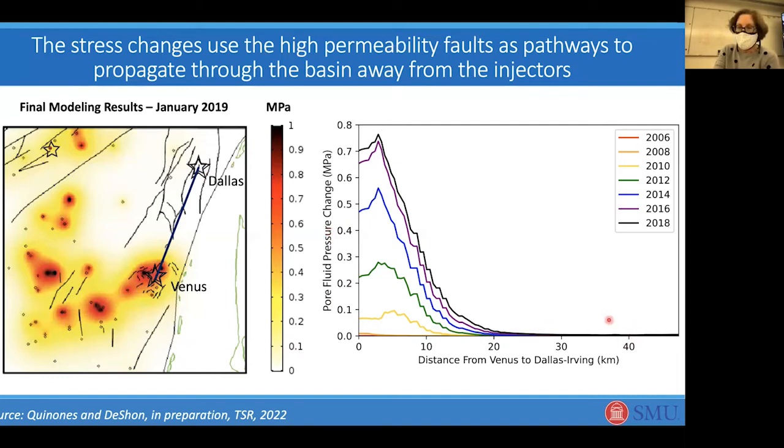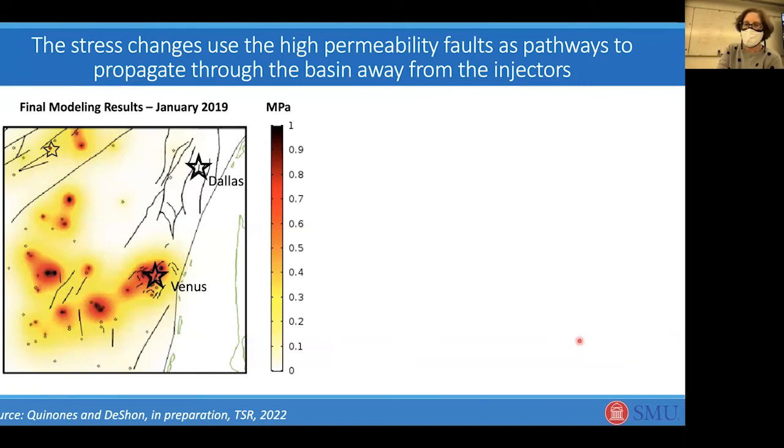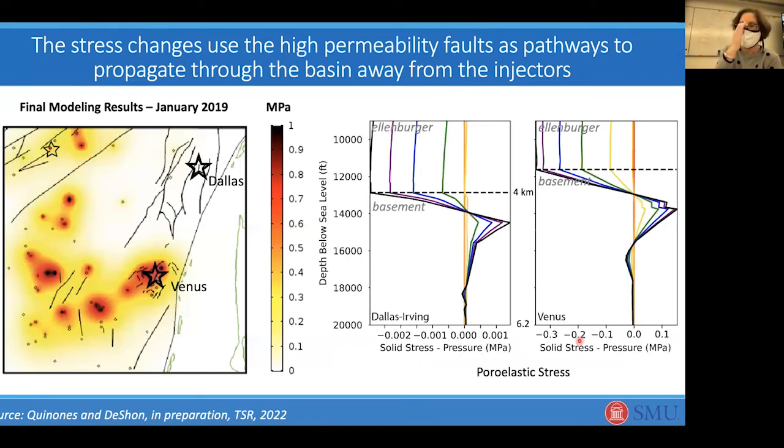And you can see, and this is in the Ellenberger, you don't get much change from pore pressure diffusion alone. If you do the same thing for the solid stress, so the poroelastic component, what you see is that the Ellenberger with injection over time actually has a negative pressure change.